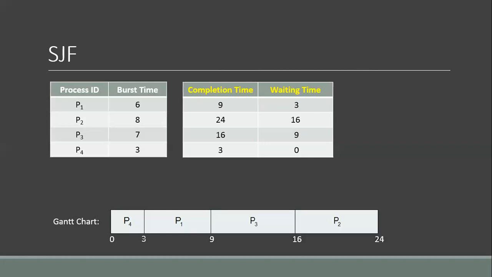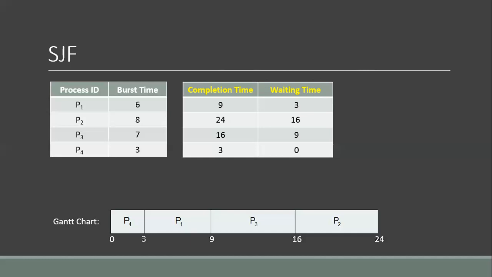Likewise, we can again use the Gantt chart to find out the waiting time for each of these processes, because each of these processes has arrived at the same time, at time t0. So we can use the Gantt chart easily to obtain the waiting time for each of these processes.